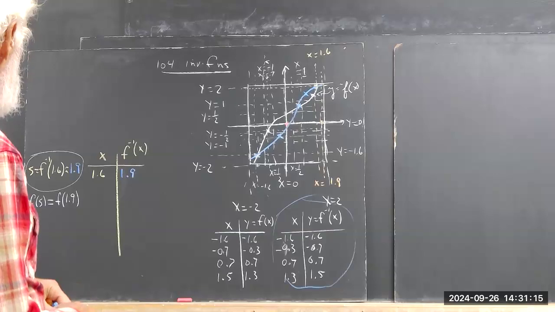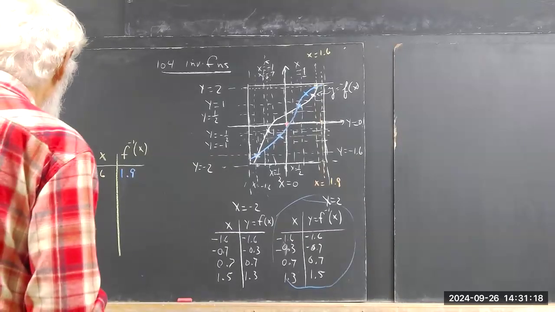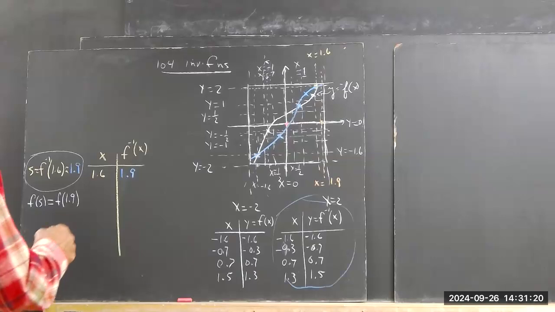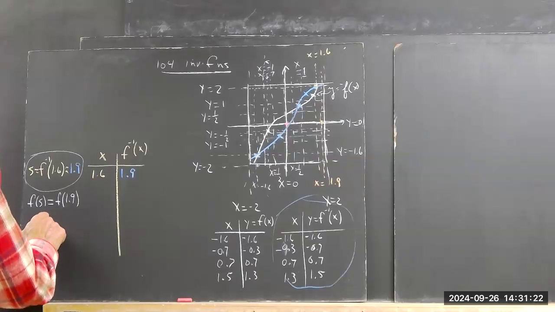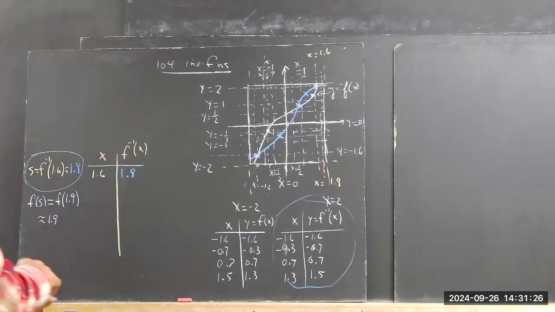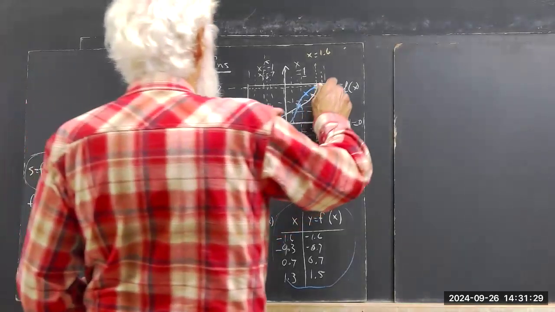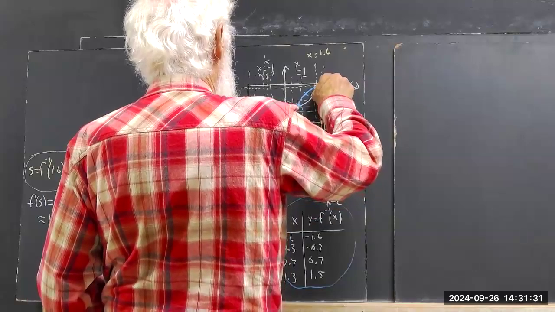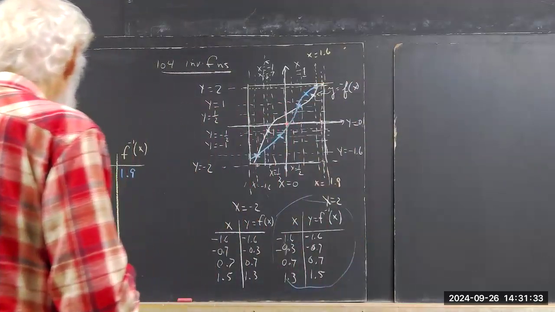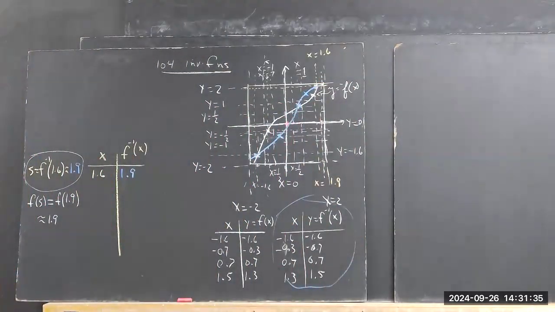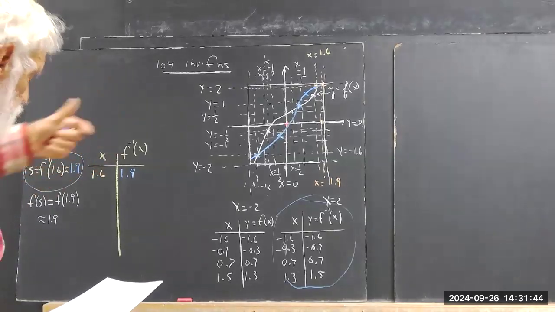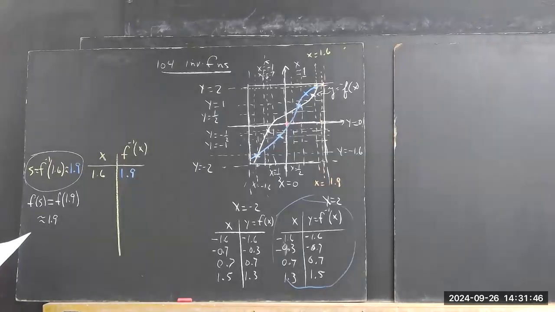So it looks like f of 1.9 might equal about 1.9. That was the point where this curve reaches about here. Okay. It doesn't quite work out, and one of the problems is, well, don't worry about it, just do what it says.